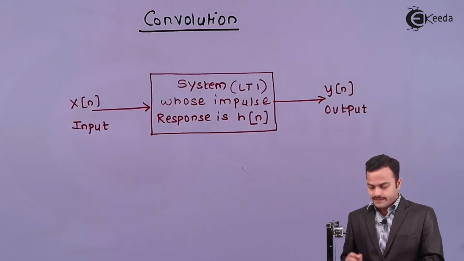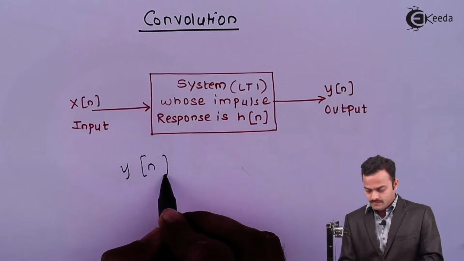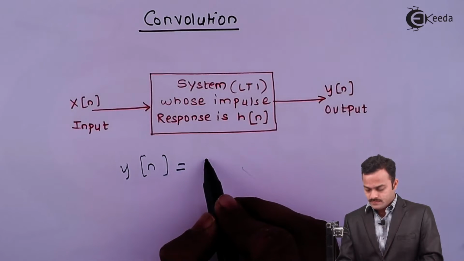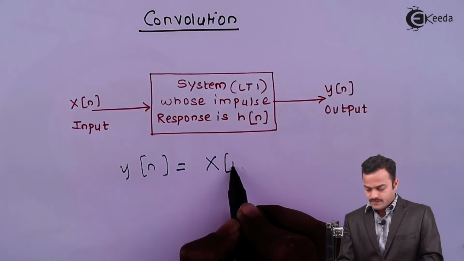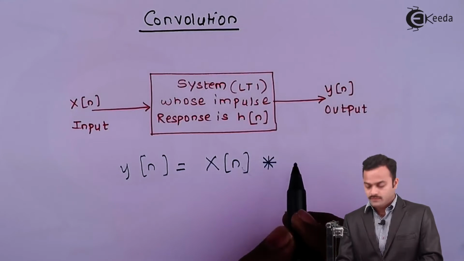Mathematically, I can consider this as y of n equals x of n convolved with h of n. This is the symbol for convolution.